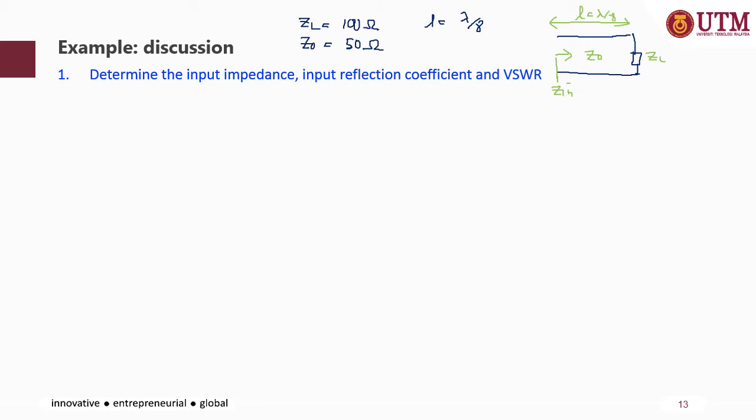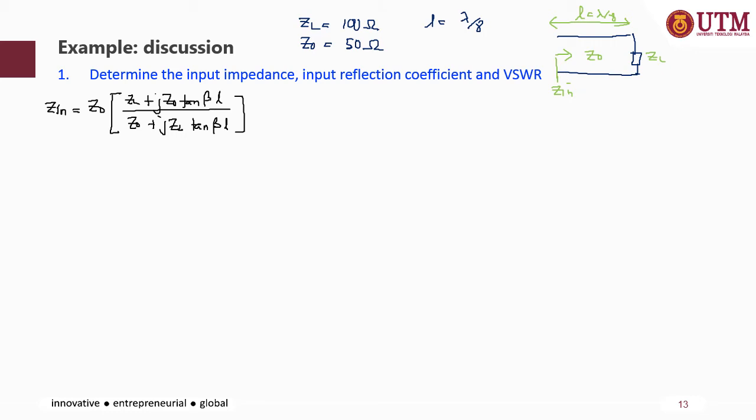Determine the input impedance based on the equation that we have looked at earlier. So Zin equals Z0 times (ZL plus jZ0 tangent of beta L) divided by (Z0 plus jZL tangent beta L).